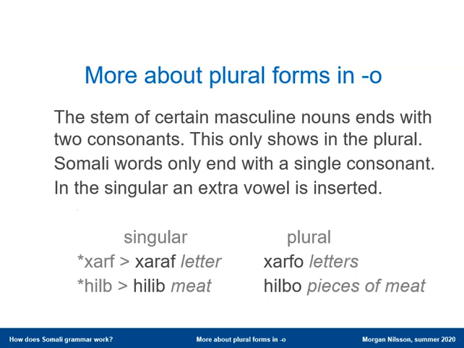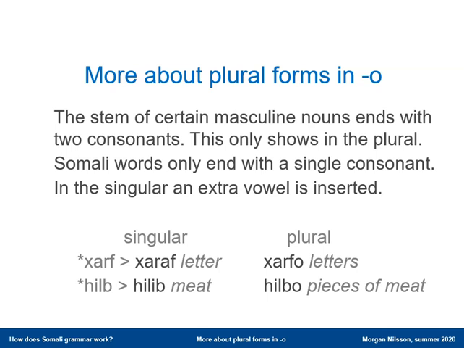Let's start by looking at those that have this inserted extra vowel. And again, like in the feminine case, this is because the stem of the word ends in two consonants. So in the singular, this consonant cluster has to be broken up.